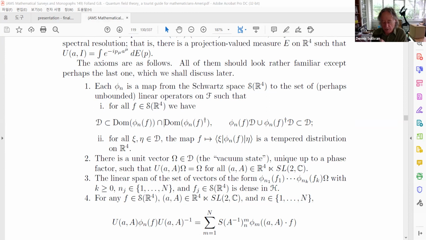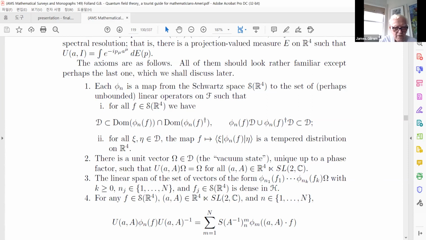Now, we heard in this lecture that it's still not done rigorously in dimension 4. So there are some difficulties. Correct. Nothing much is done rigorously in dimension 4 from this point of view, but you can do it in dimensions 2 and 3.